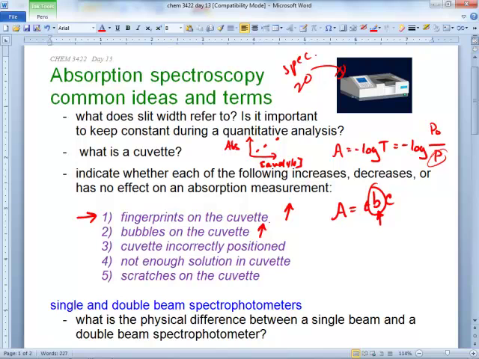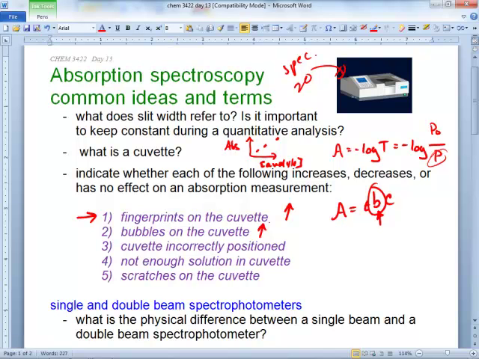That's not enough solution in the cuvette. See what I mean? Not enough solution means the light's either not passing through, or only passing through partially. Same as the incorrectly positioned idea. So the absorbance measurement should decrease. Right? There's not enough solution.